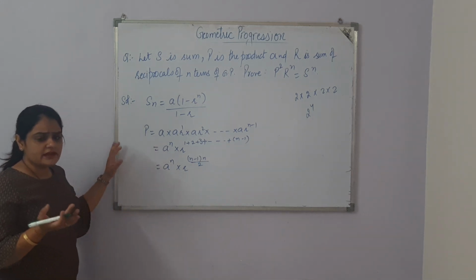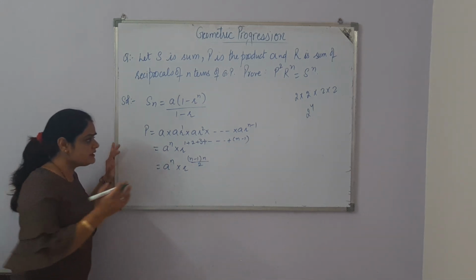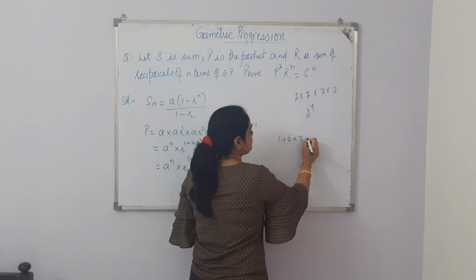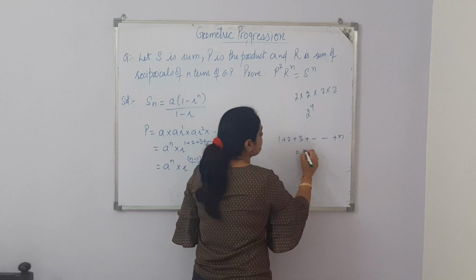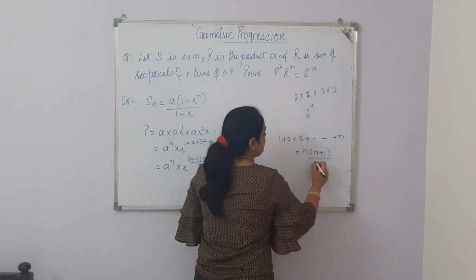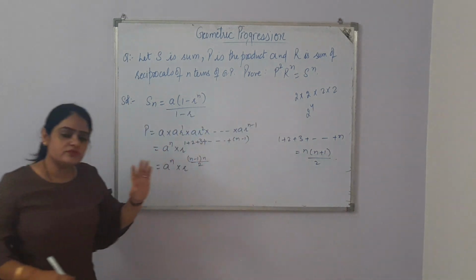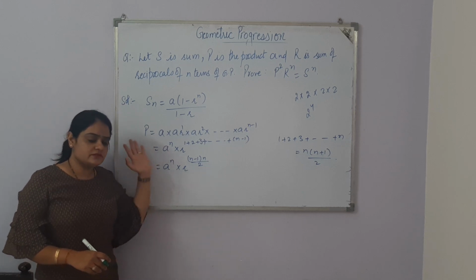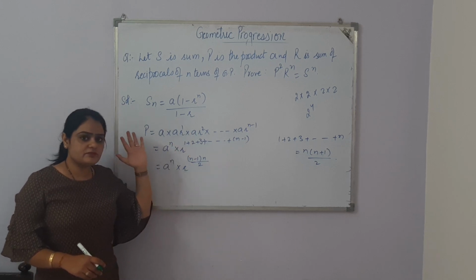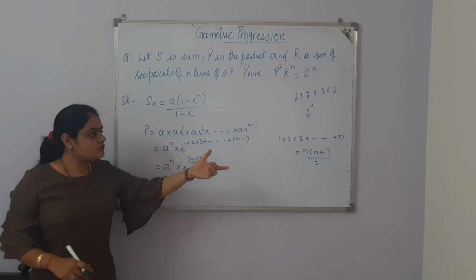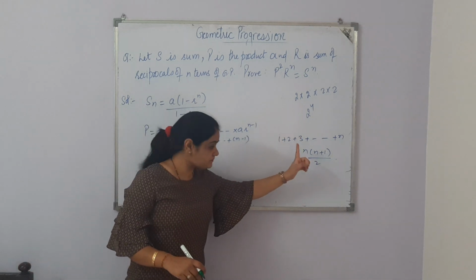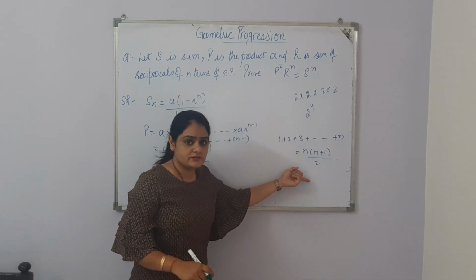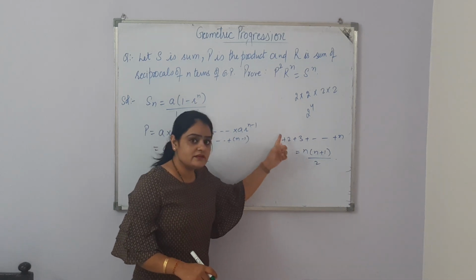Or secondly, I already told you that the formula for the sum of the first n natural numbers is n into n plus 1 by 2. We'll prove this formula in the binomial chapter, which is one of the chapters of your mathematics. Even in mathematical induction, we'll prove this criterion.